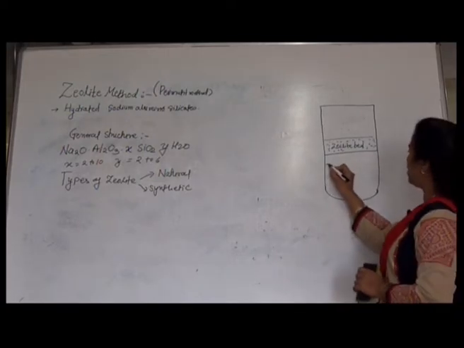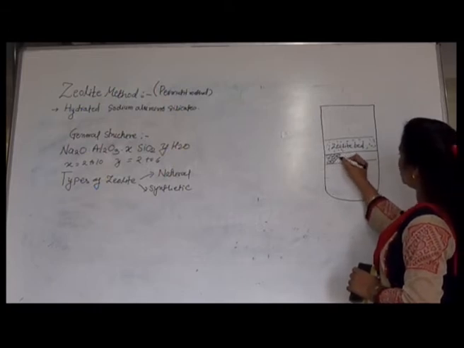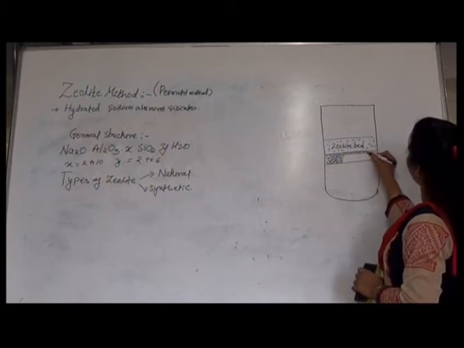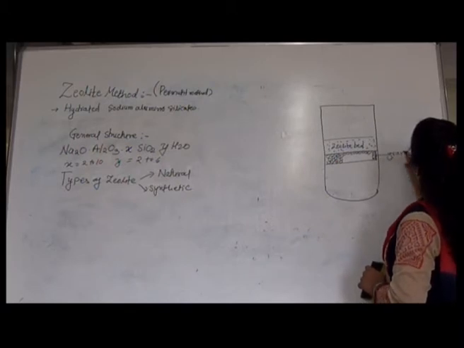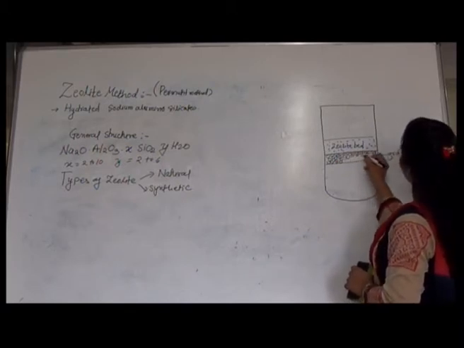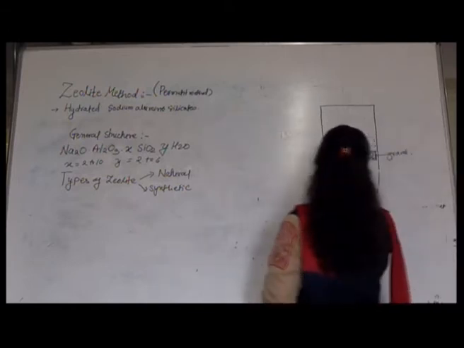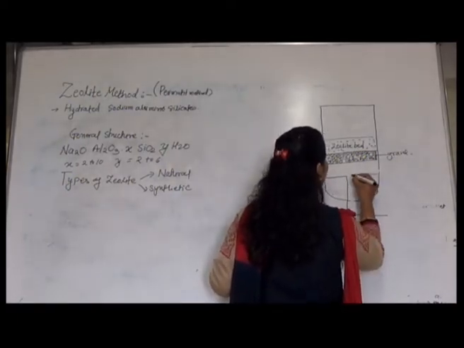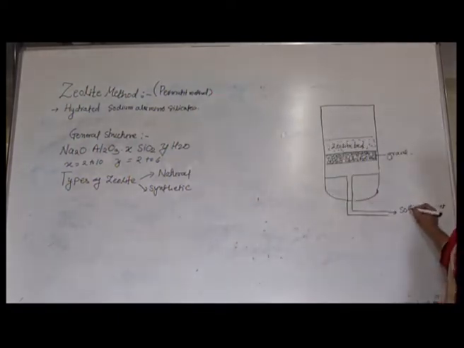Again here we can see a layer of gravels, then the outlet to remove the soft water. This is a soft water outlet.